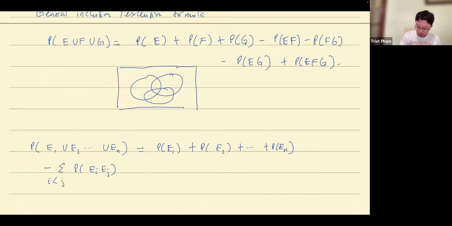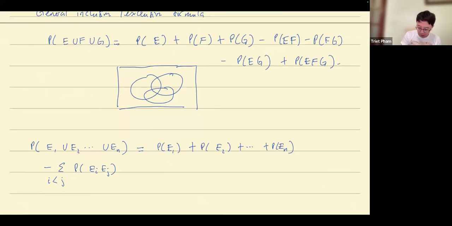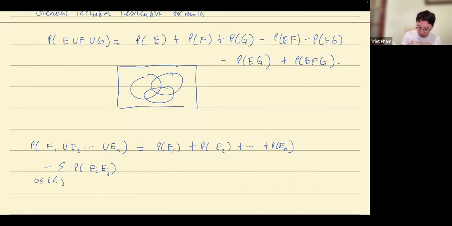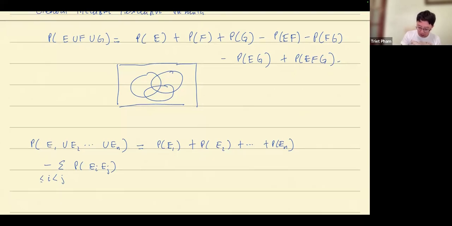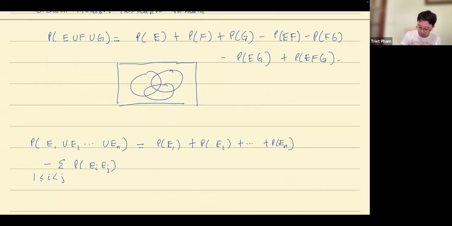I start at 1 up to N. So this means you pick any pair i, j between 1 and N, for example, 1 and 2, 2 and 4, etc. However, there's a restriction of I less than J. So you're not doing 2 and 4 and 4 and 2. You only do it once.